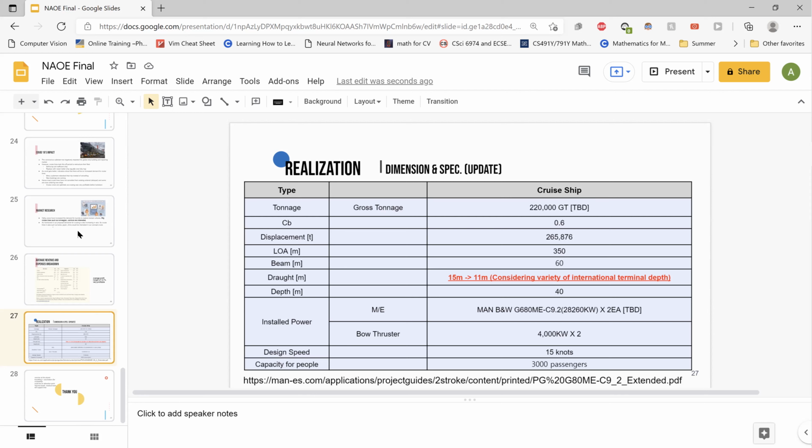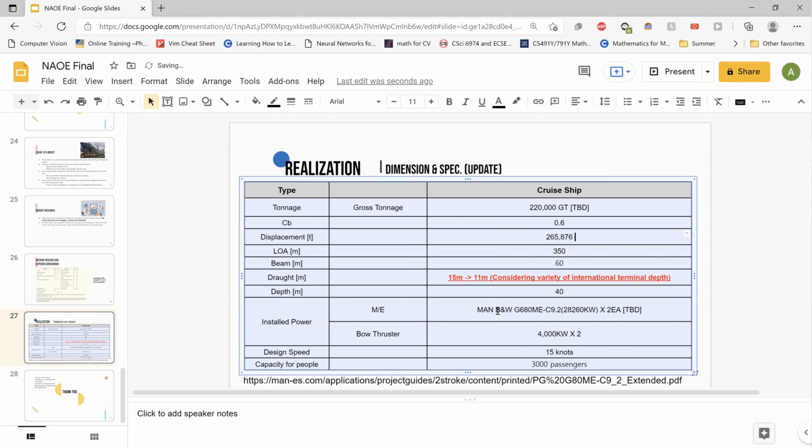But you said on page 15 it is buoyancy. Buoyancy usually goes to displacement, but displacement here is 265,000. So there is a mismatch. So you need to provide how you get these numbers from the dimensions.